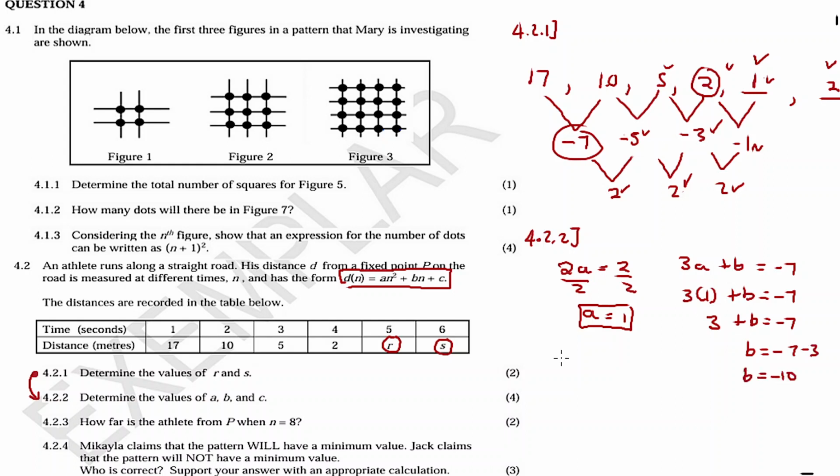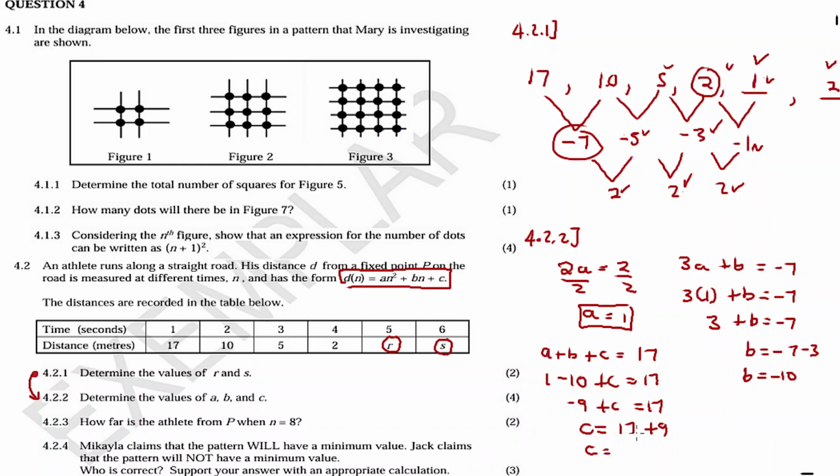Then we continue, finding C through this formula. A is 1, B is minus 10, plus C equal to 17. So we have minus 9 plus C equal to 17. C is equal to 17 plus 9. C is equal to 26.